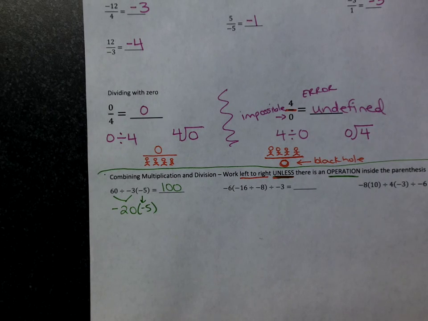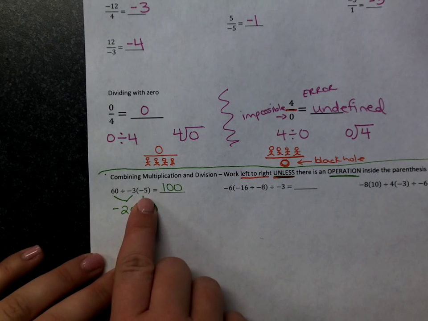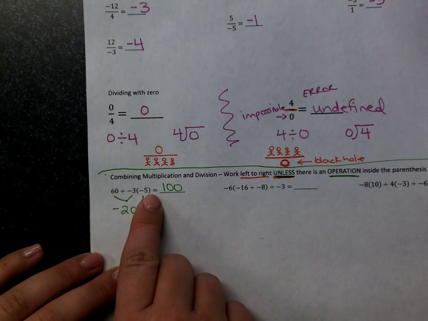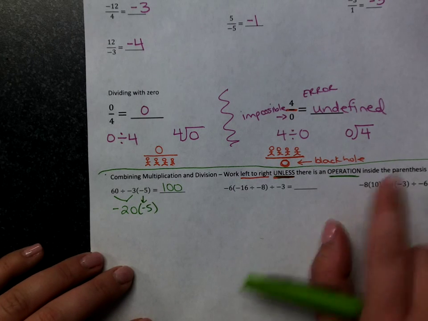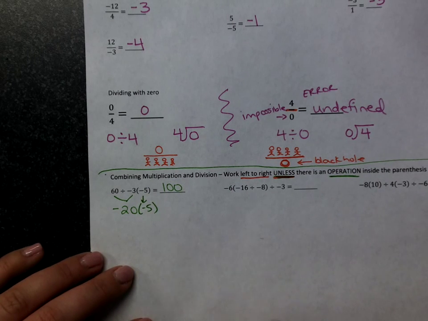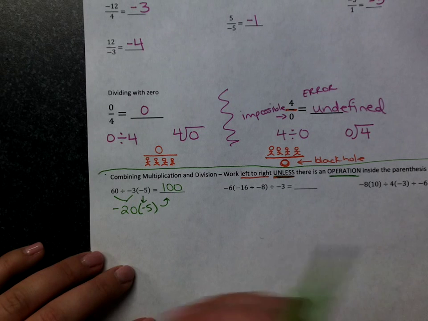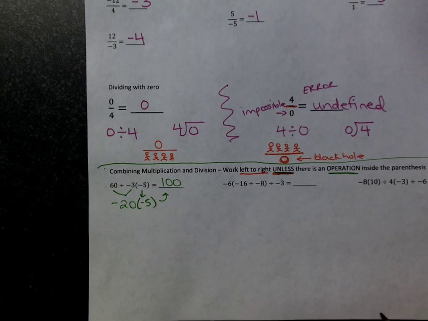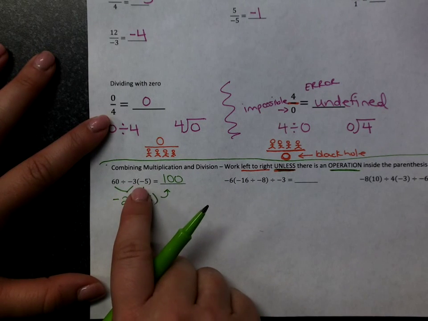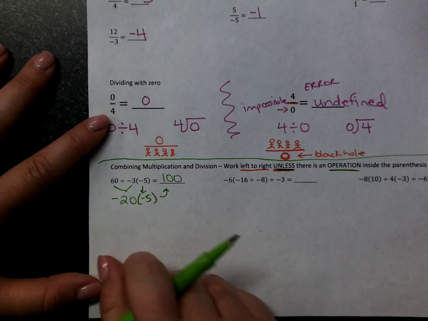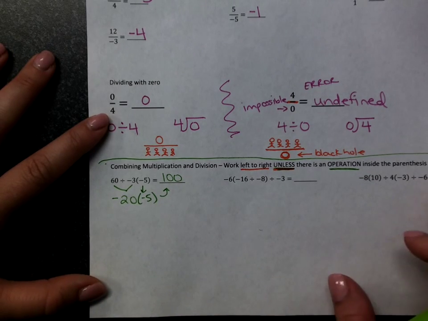So the rule is left to right, whichever comes first, unless there's an actual operation inside those parentheses. So we have to work these very carefully and get the correct answer. If you work these too fast or don't really pay attention to which way you're working them, you'll get a totally different answer. First time I worked this one, I got 4 because I multiplied these guys first and then divided, and that will give you the wrong answer.